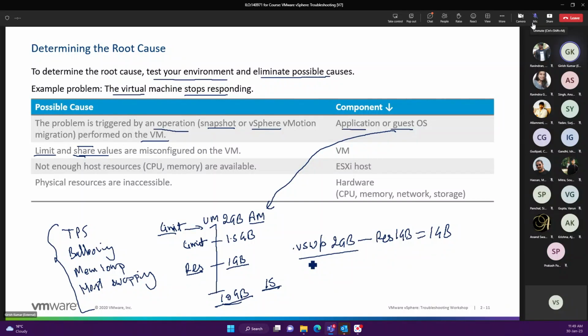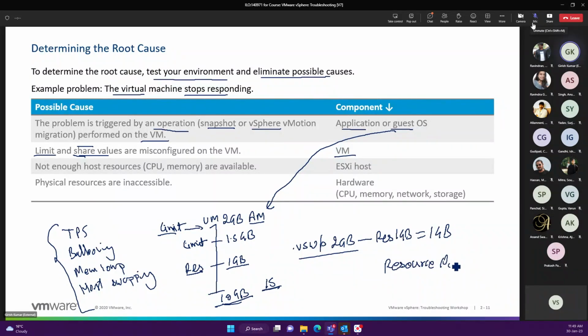For types of network traffic also, like vMotion traffic, we can use these parameters, share, limit, reservation, in terms of bandwidth. So make sure at the VM level we have configured these values correctly, and we have another similar concept, the resource pool.